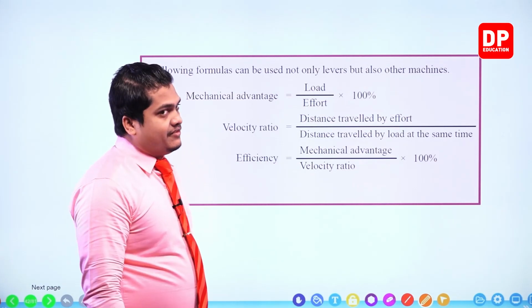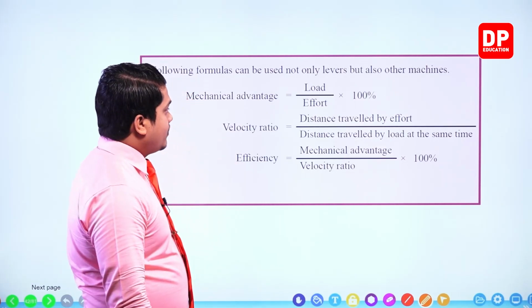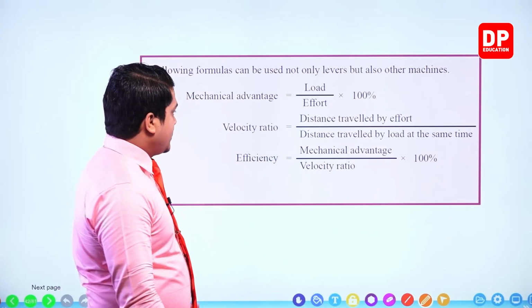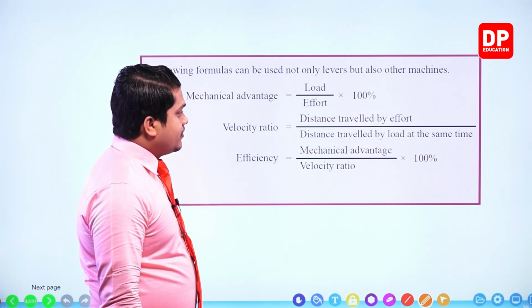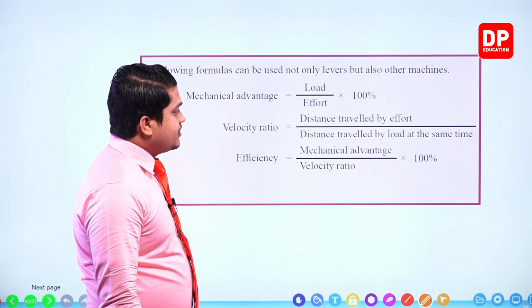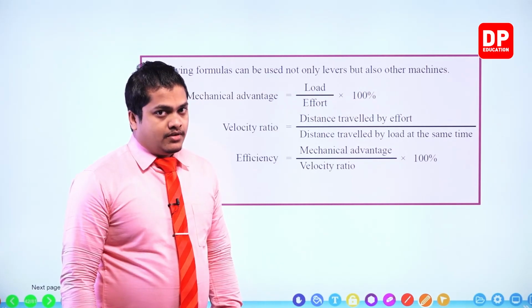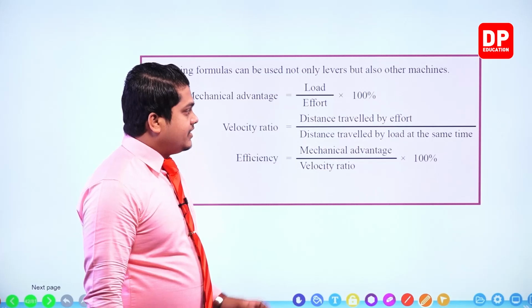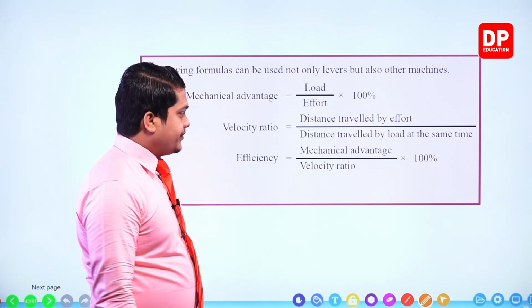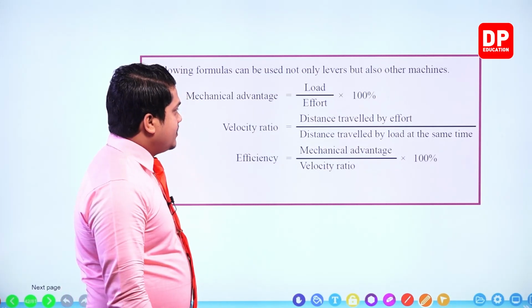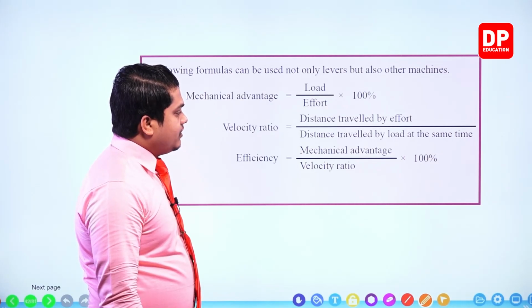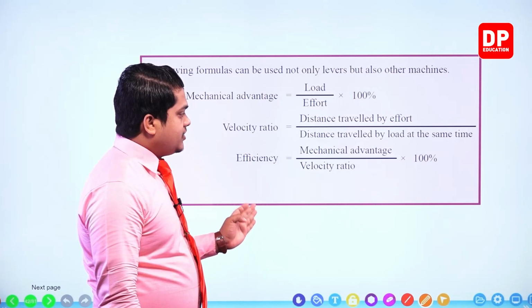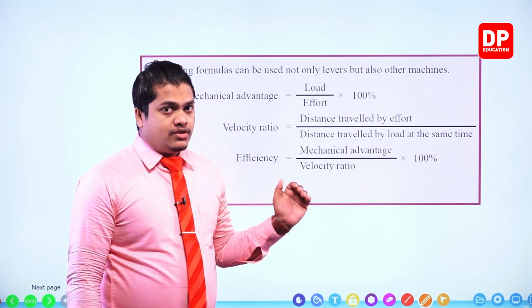Velocity ratio is equal to distance traveled by the effort divided by distance traveled by the load. Then efficiency is equal to mechanical advantage over velocity ratio, multiplied by 100.